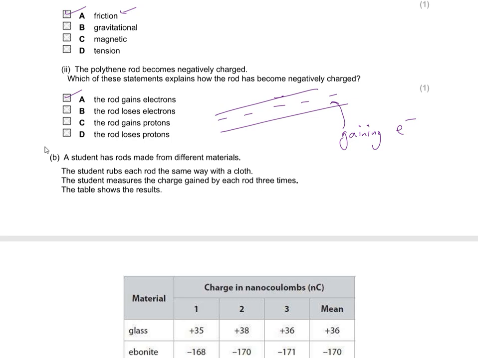Now one thing I would say is protons do not move. Okay, now you guys on chemistry, we've also done this in radioactivity. Protons, they are inside the nucleus. If you're hearing me, they are inside the nucleus.